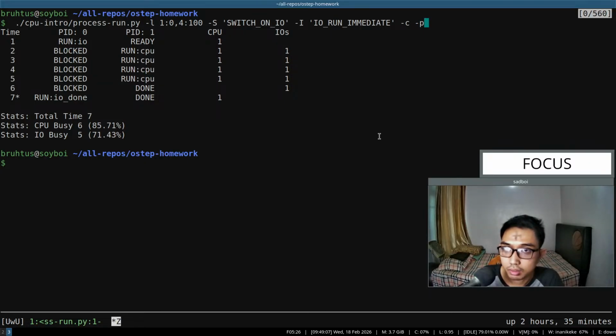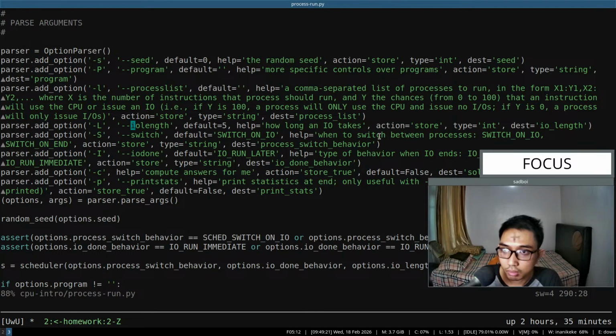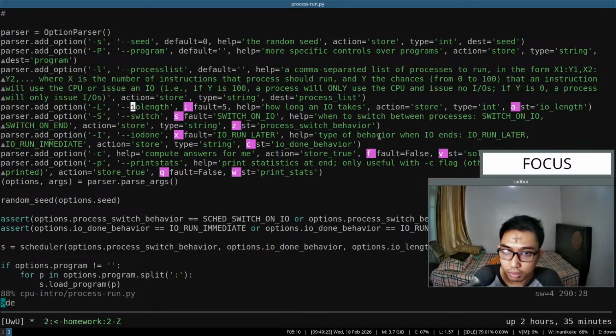I mean, the CPU process is 4, right? This one, and well, the default for input length is 5 time for the IO to take.